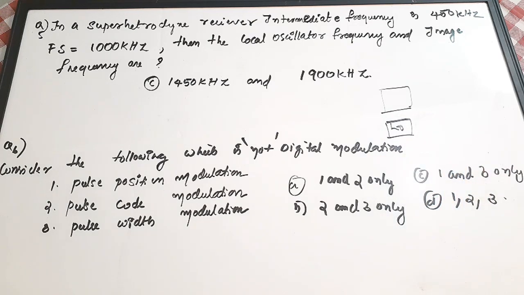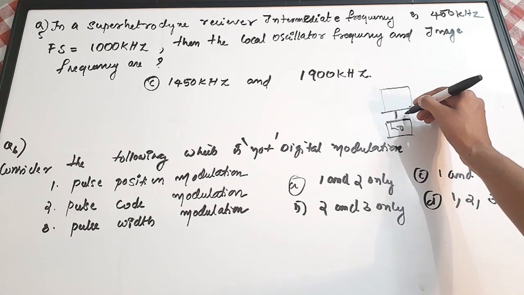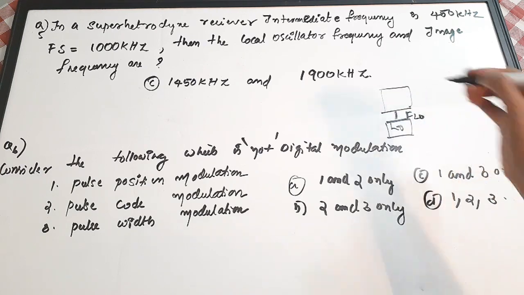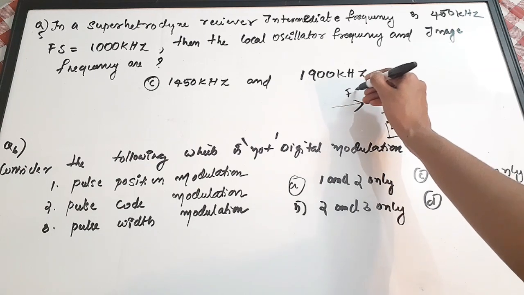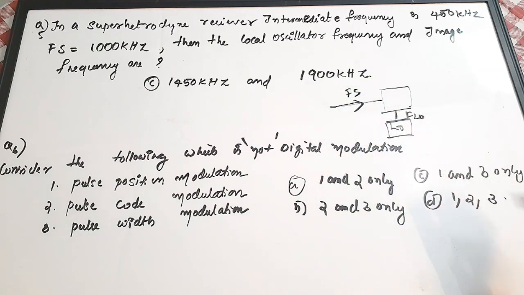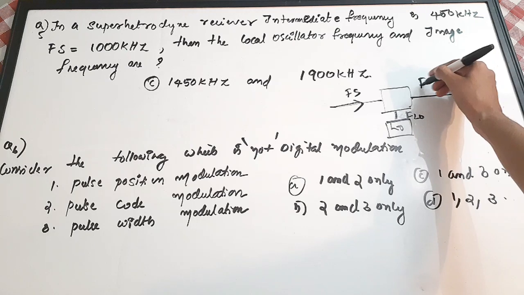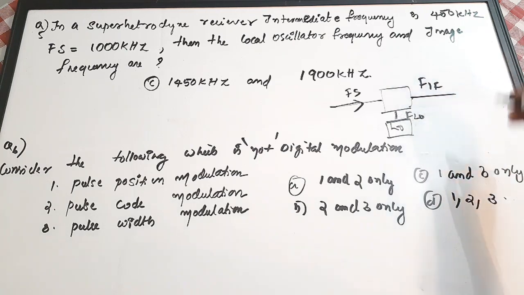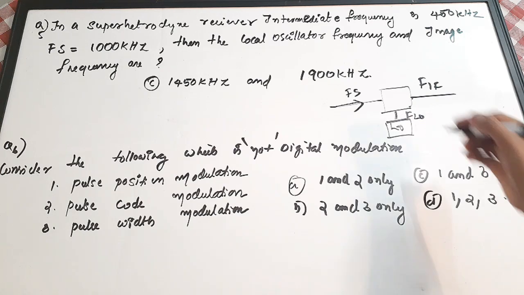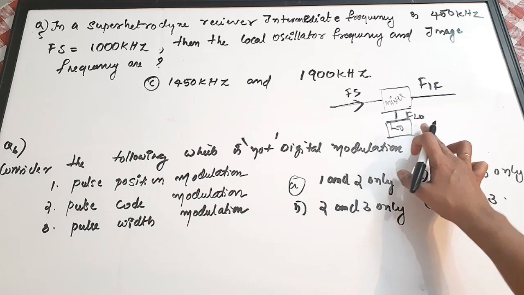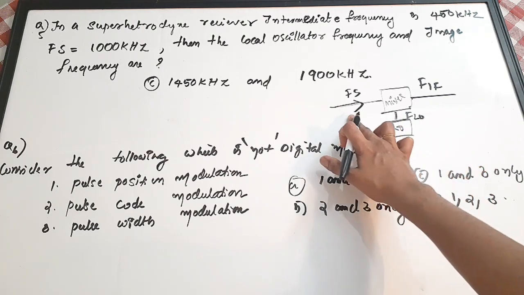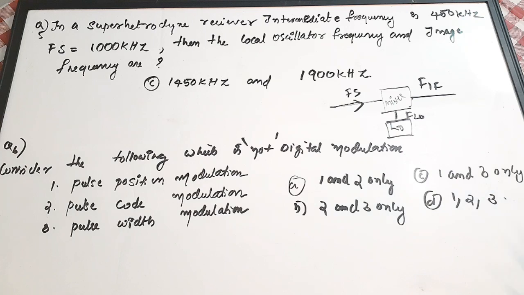This frequency is mixed with the source frequency Fs, and you get an intermediate frequency FIF, or you can call it Fi. This is a mixer. In this mixer, you are mixing the frequency from the local oscillator with the source frequency, and you get an intermediate frequency.